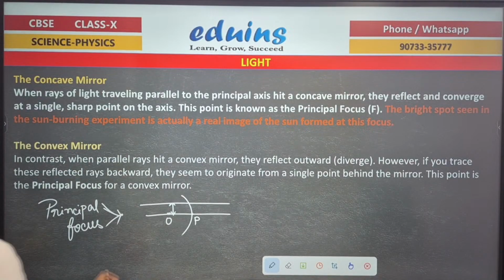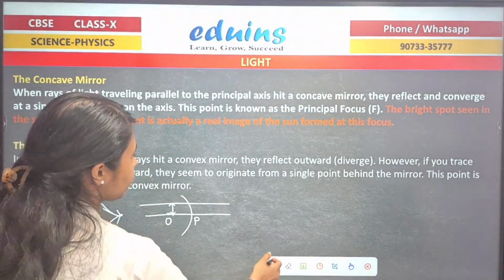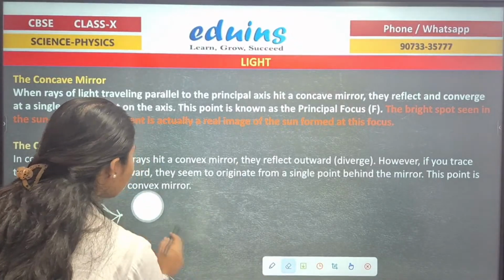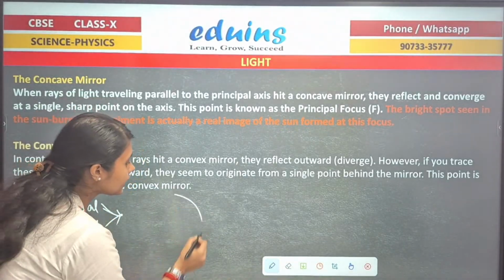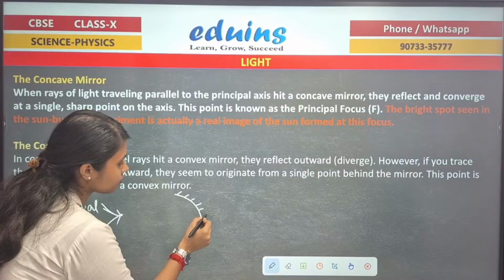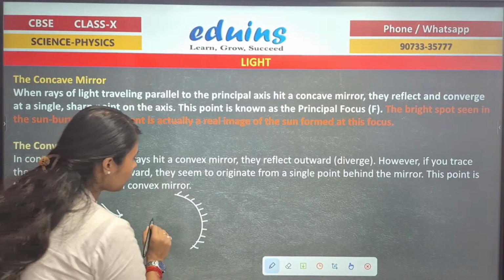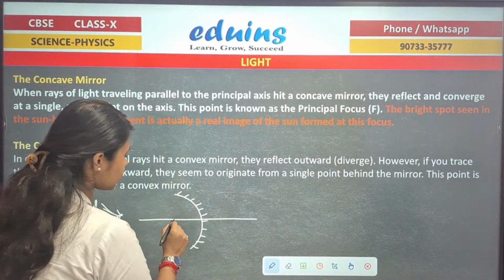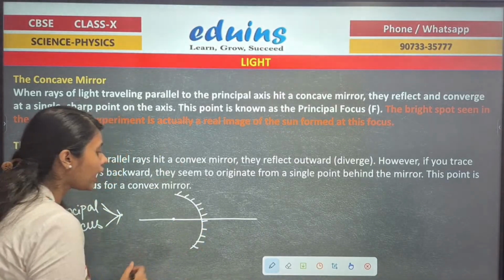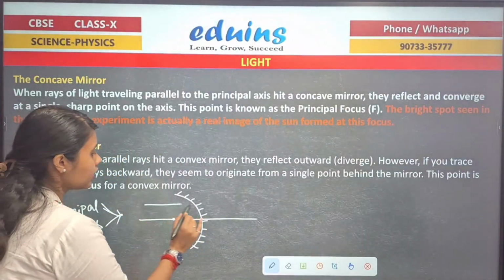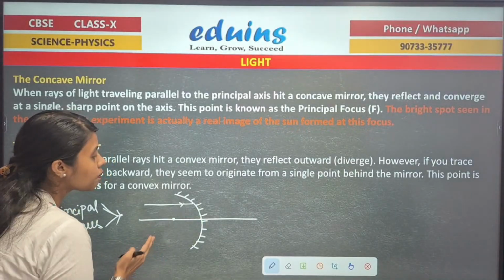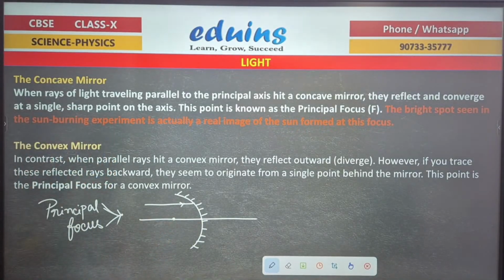So now for the concave mirror, at first we have to study about concave mirror. So this is a concave mirror. So this is the principal axis. Okay, when light rays are incident parallel to the principal axis and hit a concave mirror, they reflect and converge at a single sharp point on the axis.